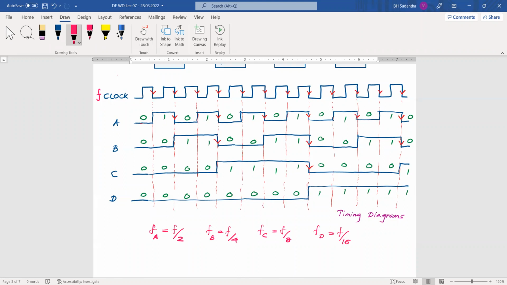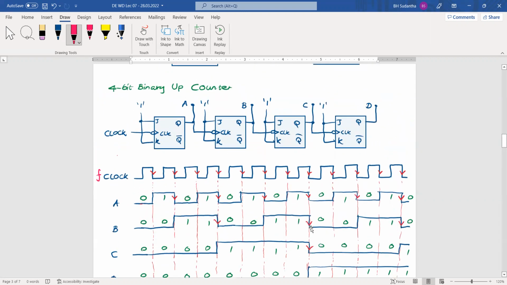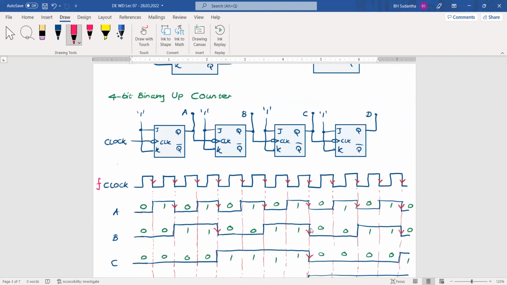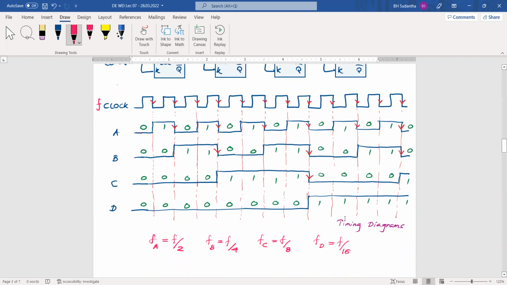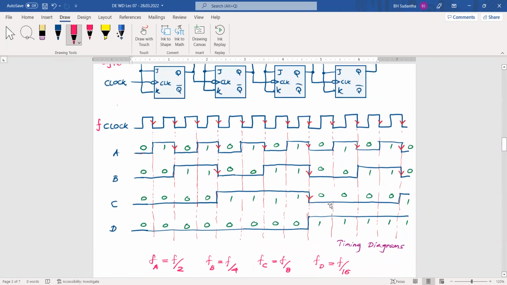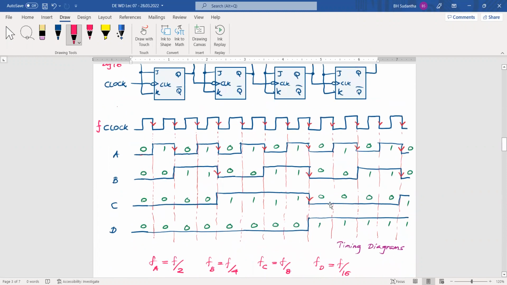Then instead of saying this is a 4-bit counter, you can say this is a divide by 16 binary up count. Why? It's 4-bit, and 4-bit means divide by 16. Because when you consider this D output waveform, the relationship between the original frequency and the frequency of the D output is that when you divide the original by 16, it equals D.